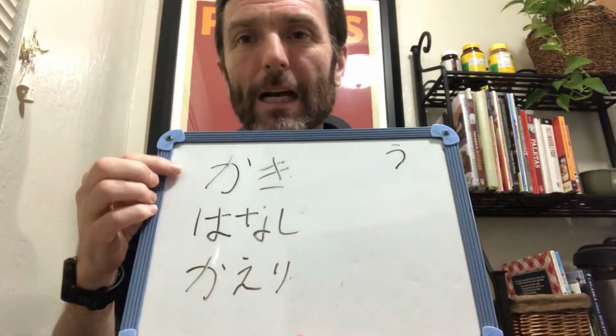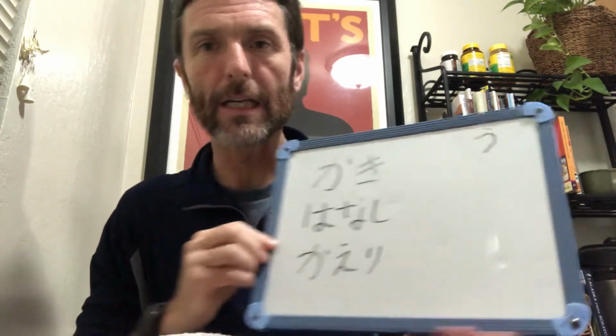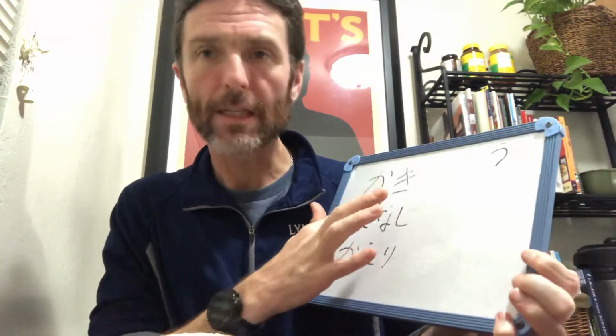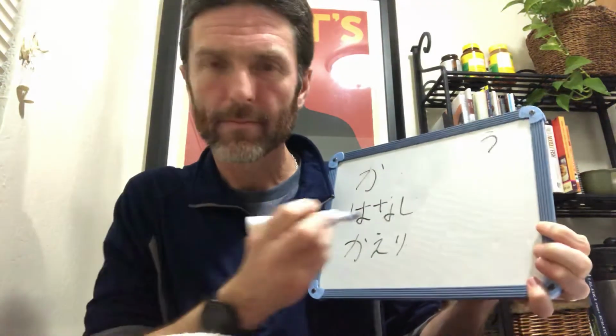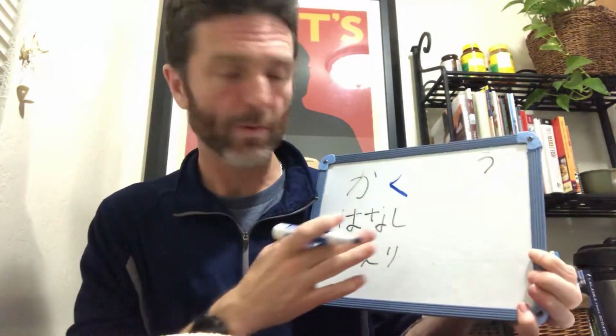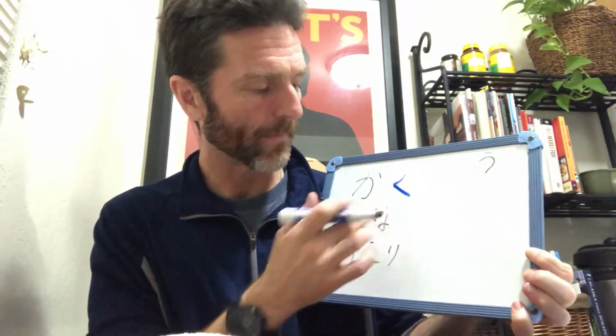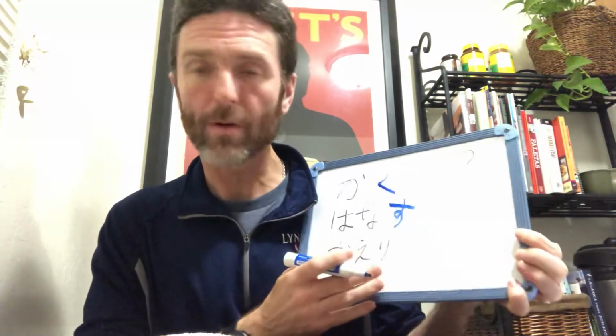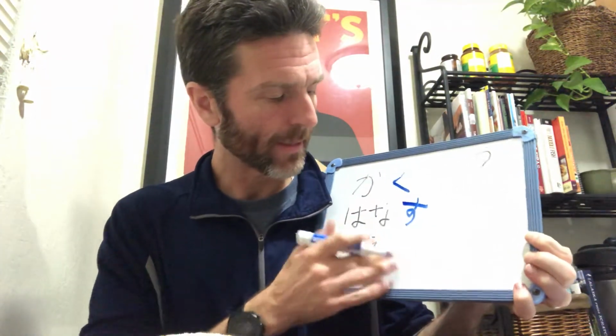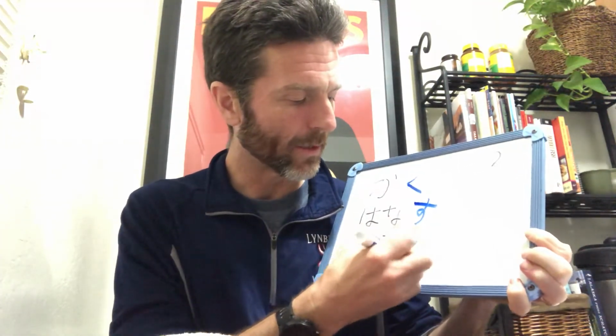So what we have here, right? We have kaki, hanashi, kaeri. So what's kaki going to become? It's going to become kaku. What about hanashi? It's going to become hanasu. What about kaeri? It's going to become kaeru.